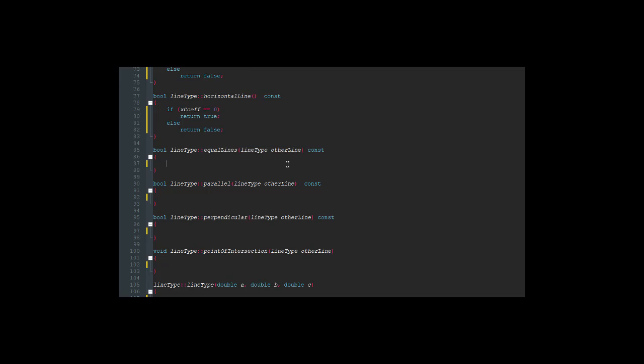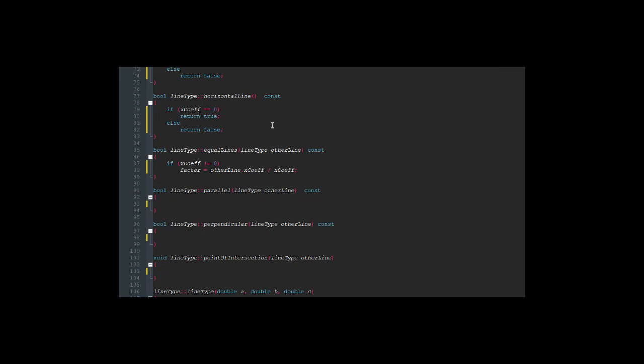Okay? So what you first want to do is write in if the x coefficient is not equal to 0, right? Then the factor is equal to the other line dot x coefficient divided by x coefficient. This factor is what we're going to be using to determine whether the line is equal to another line.